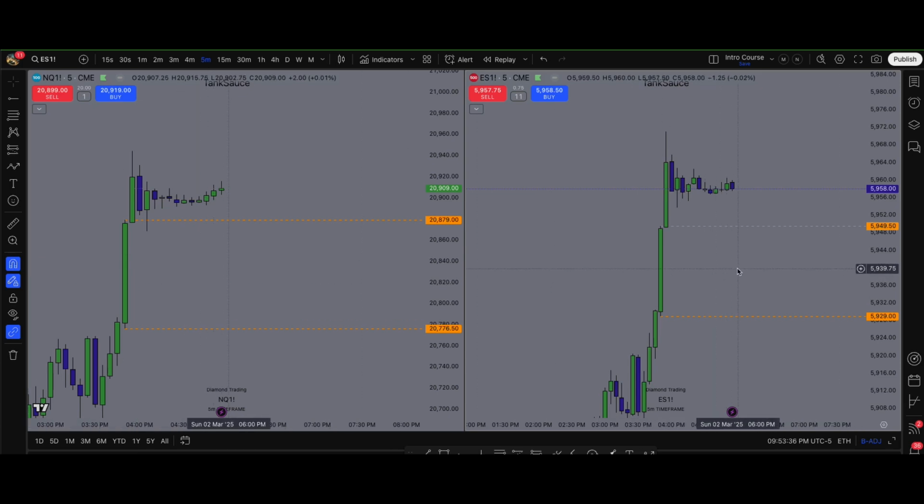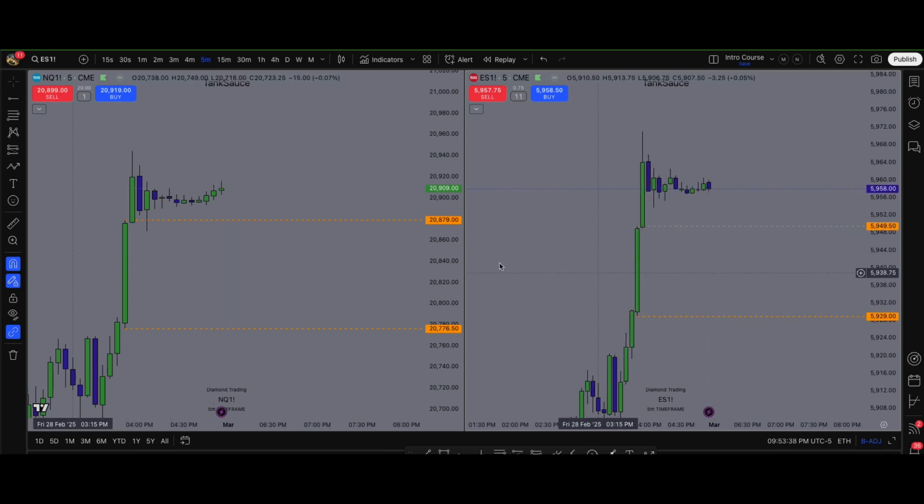So ES, although it can be at the same price, is priced very differently. ES can be a great option when you are starting out because it's not as violent, it doesn't move as much, and it's cheaper with less risk involved. So keep that in mind when you go into this.